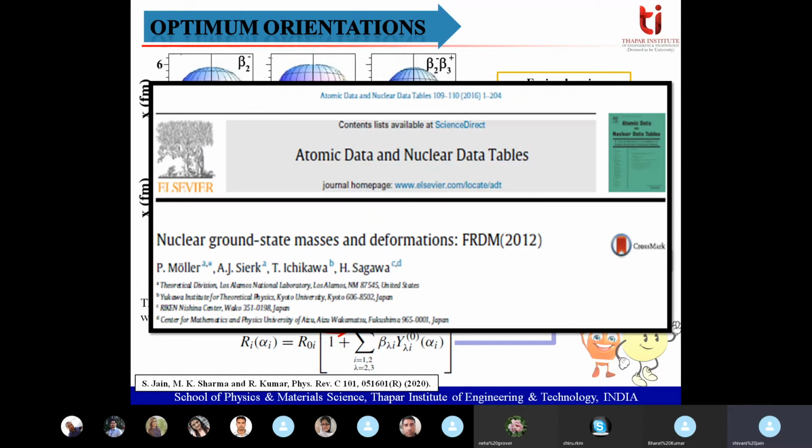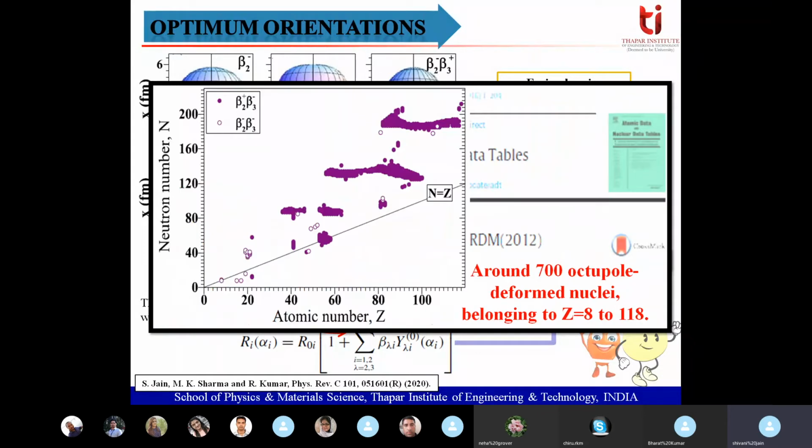For that, we referred to the paper of P. Moller et al. and observed around 700 octupole deformed nuclei in the Z equal to 8 to 118 region, most of them lying above the N equal to Z line. But the data available was only for two shapes, that is, only for beta 3 minus. So to observe the effect of beta 3 plus, we just changed the sign of beta 3 minus and observed its role as well.